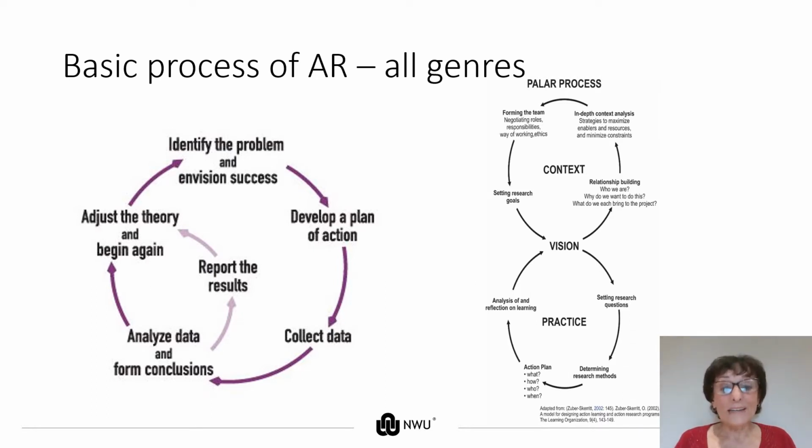You collect data, you analyze the data and form conclusions, and then you reflect on it. You evaluate it. Has the action that we've taken improved the situation or not? If not, then you start all over again.